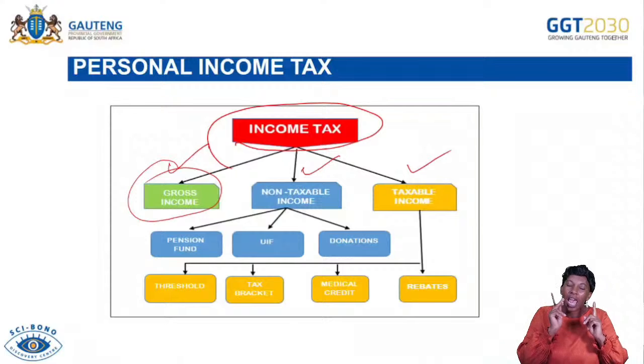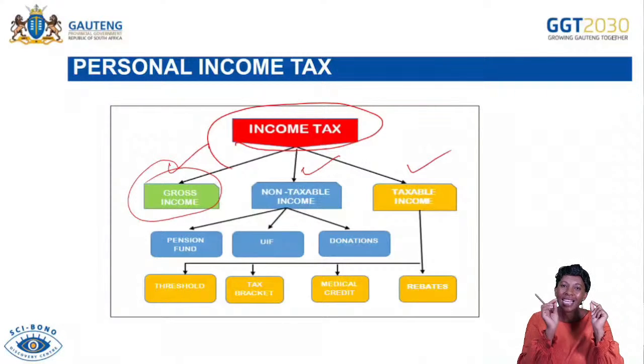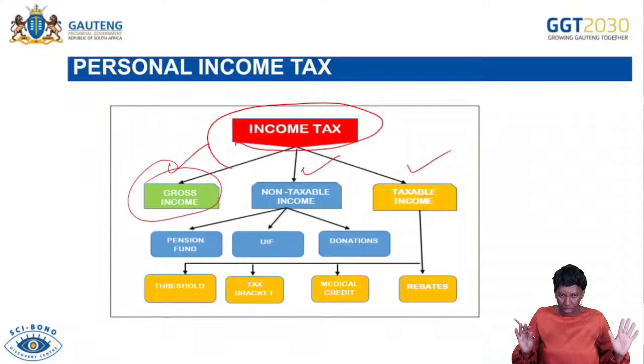And which deductions am I referring to when it comes to income tax? I am not just referring to the investment. I am not referring to the policies that I'm having with Old Mutual, the retirement. I'm not referring to the policies that I'm having with SADTU or with NAPTOSA or with the union. No, I'm not talking about that.